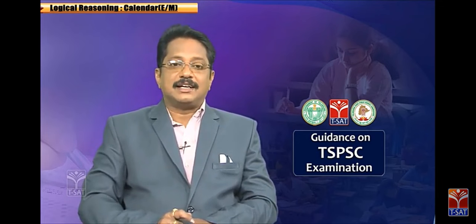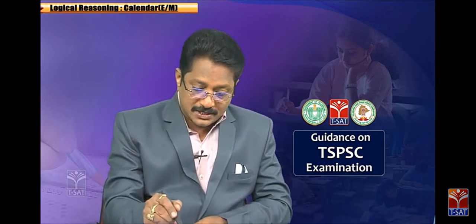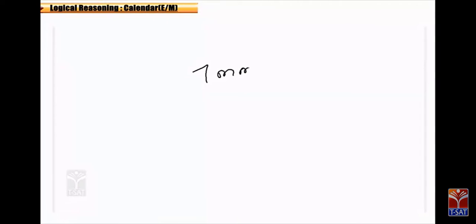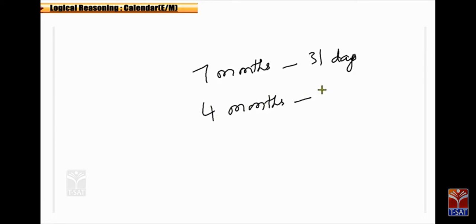There are 7 months which have 31 days each, 4 months which have 30 days each, and 1 month which has 28 days in an ordinary year.